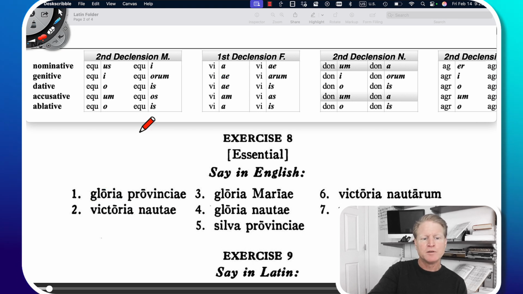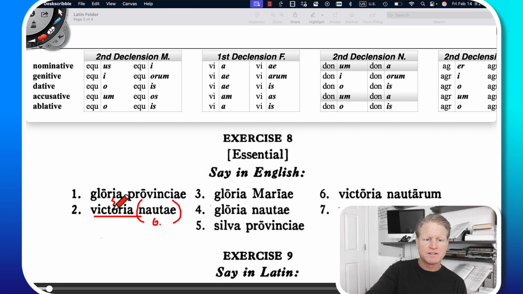All right. Number 2, Victoria nautae. So nautae is in the genitive case. I always put the genitive case in parentheses like this, and I'll explain why when we get to exercise 9. I'll write a G underneath it for the genitive case. You can imitate this if you want to, or you can come up with your own system. This is just what I've been using to help my students see over and over again what we are dealing with here.